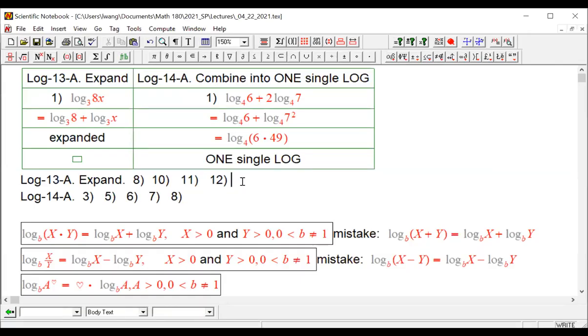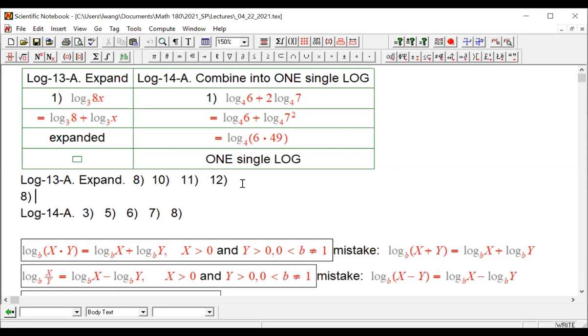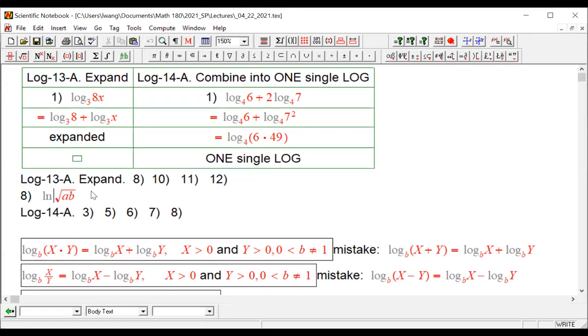So this is referring to the question of number 8. Number 8, we want to expand. The given expression is ln of the square root of AB.